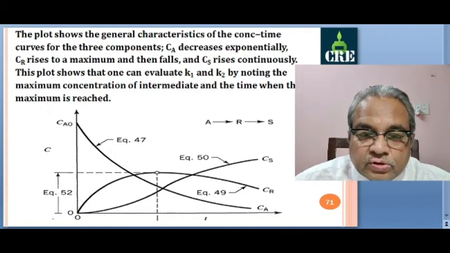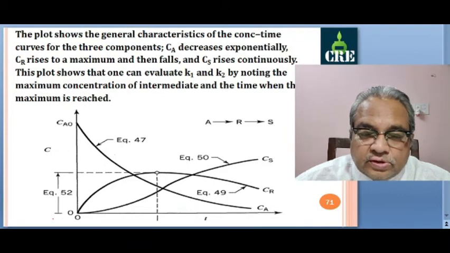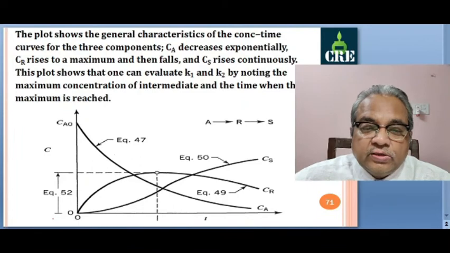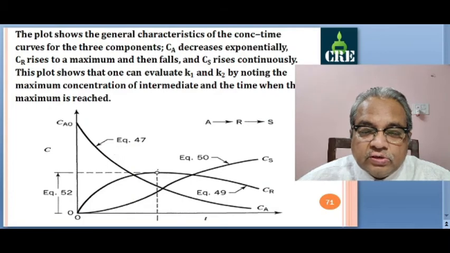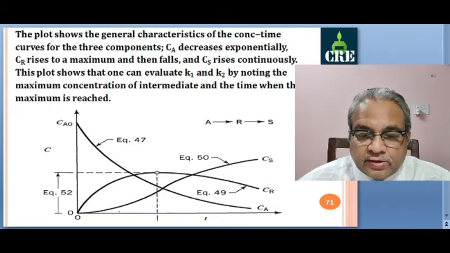And if K1, K2 are known, or you take some arbitrary values and check what kind of profiles you get, roughly this kind of nature you will get. Exponential decay for CA, CR will rise, reach a maximum, then start decreasing, and CS will increase continuously.